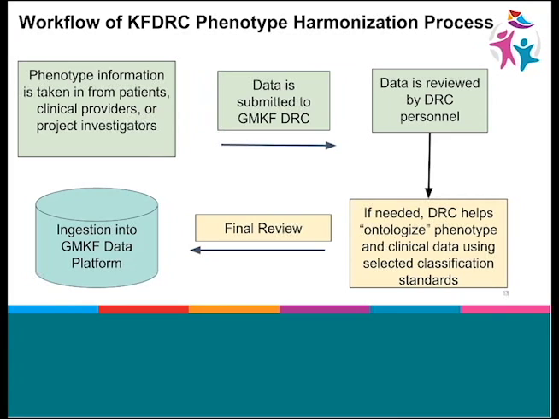Finally, under final review, the data is ingested into the data platform. I'm leaving out a little bit here, where if there are any additional fields that need to be added, we could add those, but this would go into the data platform and be later displayed in the portal.